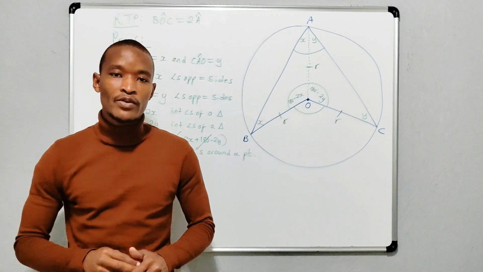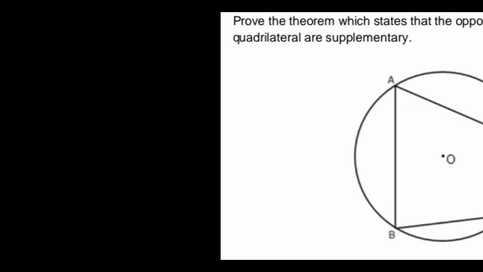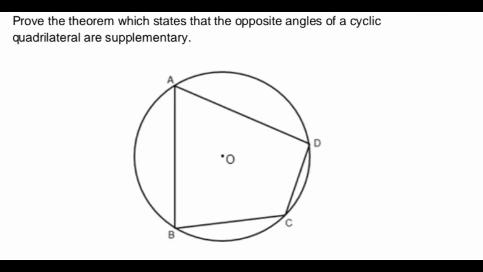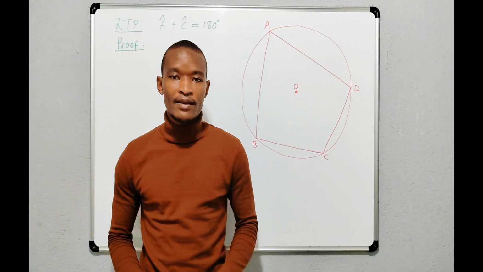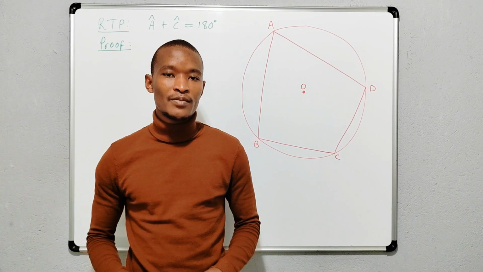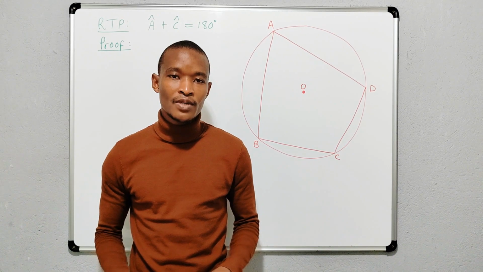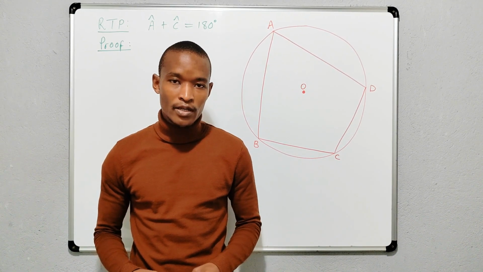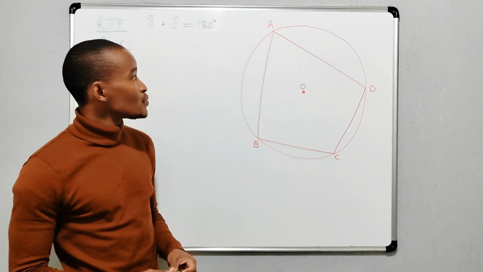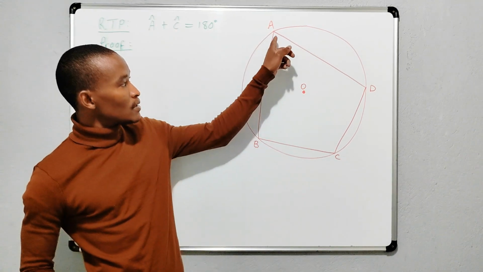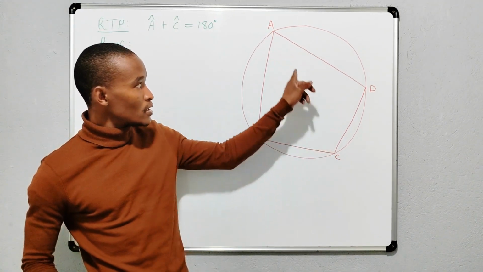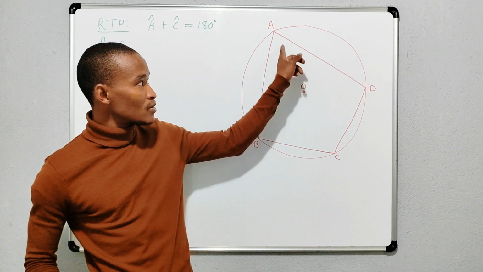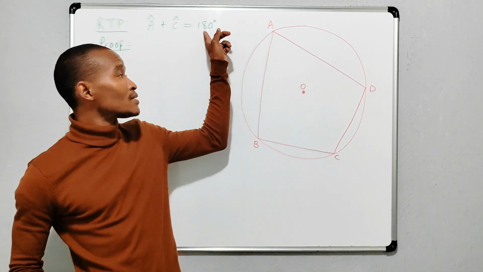Let's go to theorem 3. Now we proceed to theorem 3, which has to do with a cyclic quad. In this case, we must prove that the sum of the interior opposite angles of a cyclic quad, they are what?